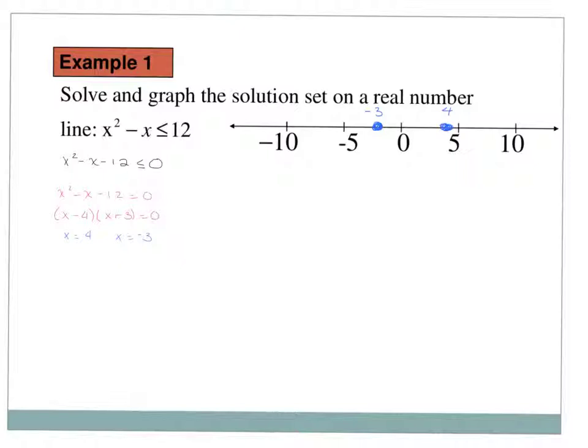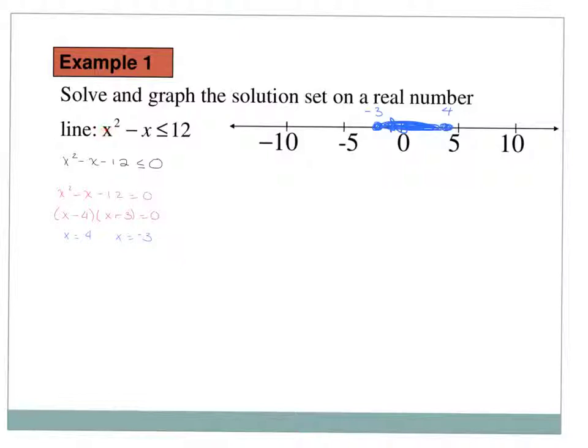Here we can go ahead and color this in. This is my solution. I have 2 other regions that I could test to determine if they are part of our solution. So 10 and negative 10 is what I'm going to choose to test. What we could test is signs, positives and negatives. Okay, you follow me?